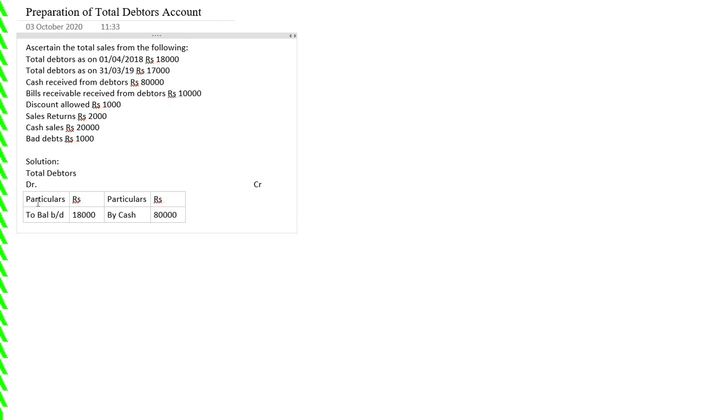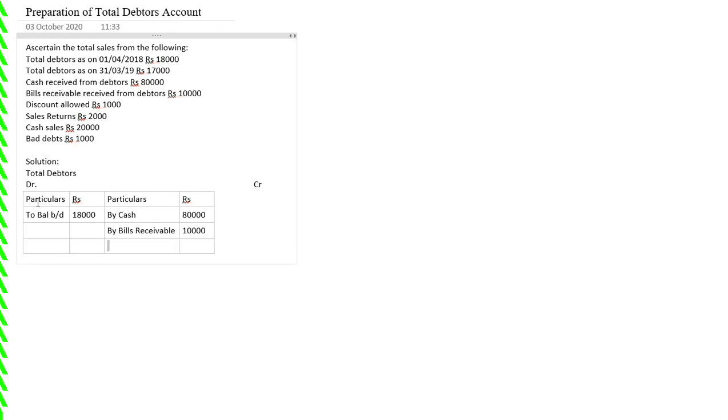Then the next we have given bills receivable received from the debtors. So then the journal entry will be bills receivable account debit to total debtors. So total debtors is credited by bills receivable, which is given in the problem as 10,000.